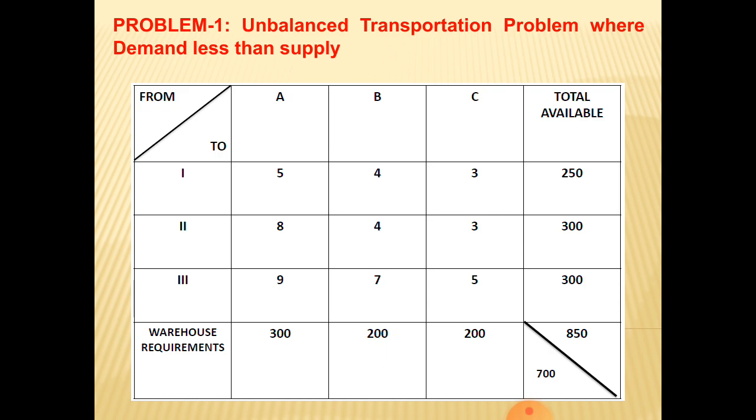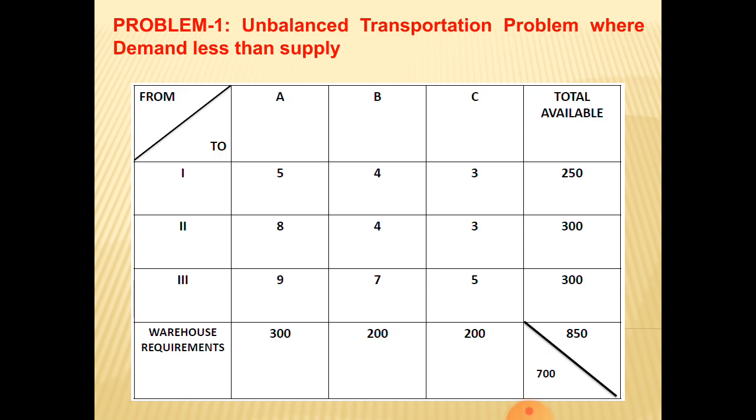The cost is represented here, and the requirements are 300, 200 and 200, and the availabilities are 250, 300 and 300. Now we have to check whether the supply requirement is equal to availability or not.